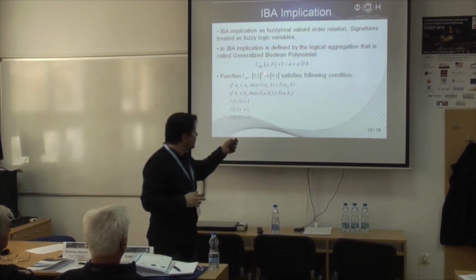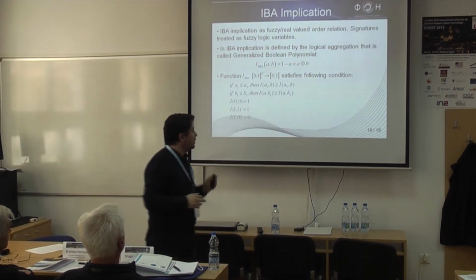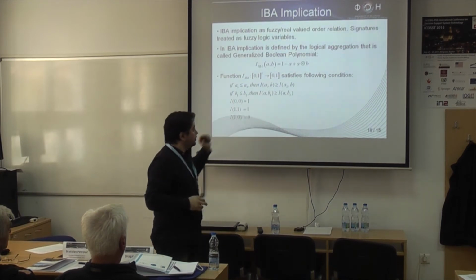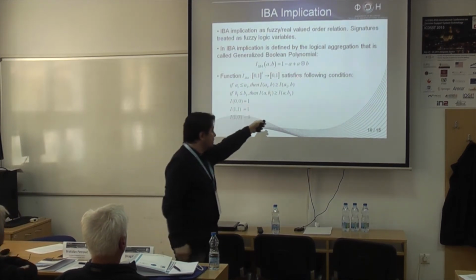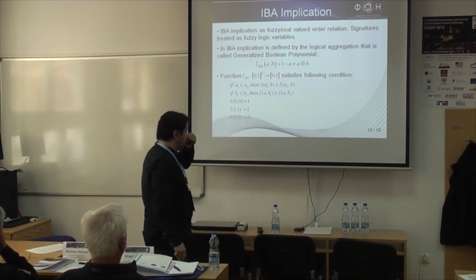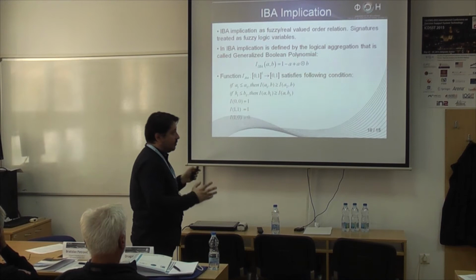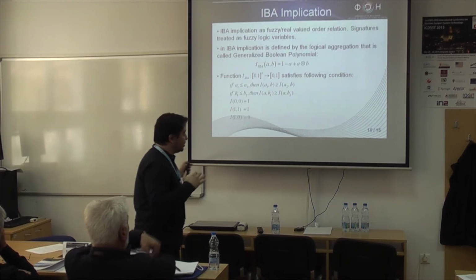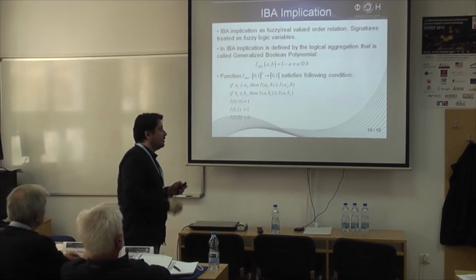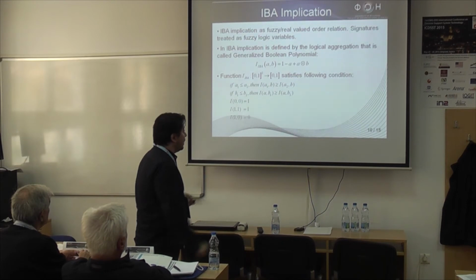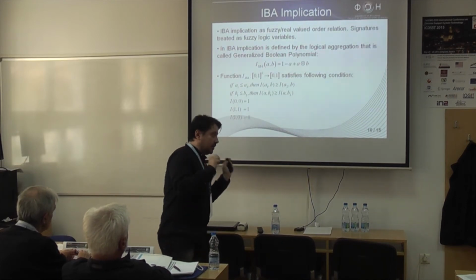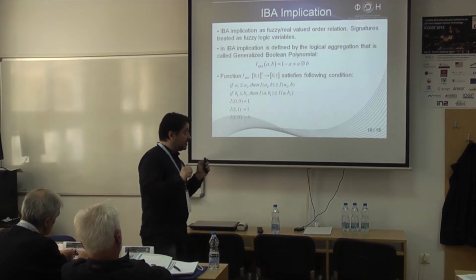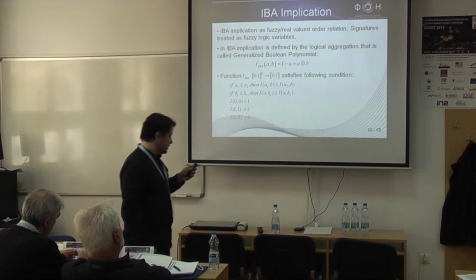Here we can see the expression for IBA implication. This operator, as I said, is a generalized product that can be between minimum and the Lukasiewicz T norm, as we already stated. In our case, because we are comparing two objects that have the same property, we are going to use minimum as the T norm.